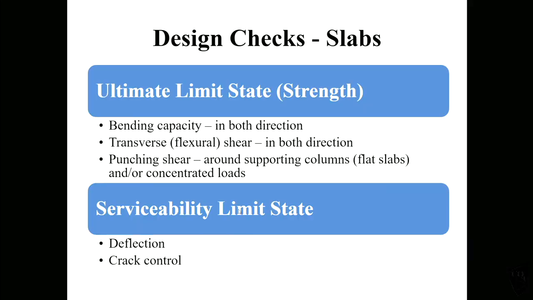So in the slabs we need to check for bending. If it is a two-way slab, both directions. Flexural shear, normally that will be satisfied with Vuc. We don't need any shear design. The punching shear, normally around the columns or any large point loads.